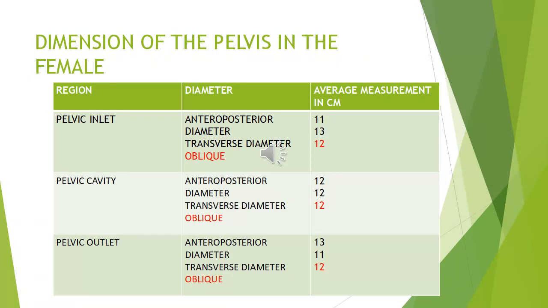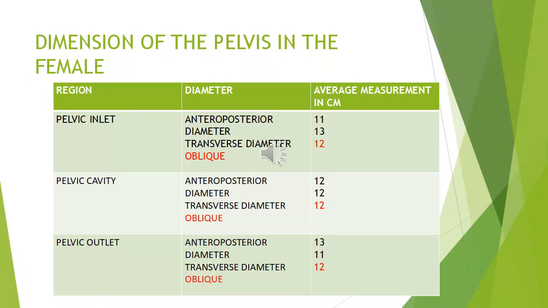If you carefully observe the anteroposterior diameter, inlet, cavity, outlet, you are seeing it is in ascending order: you can write inlet, cavity, outlet 11, 12, 13. And regarding the transverse diameter, it is in decreasing order, that is 13, then 12, then 11.